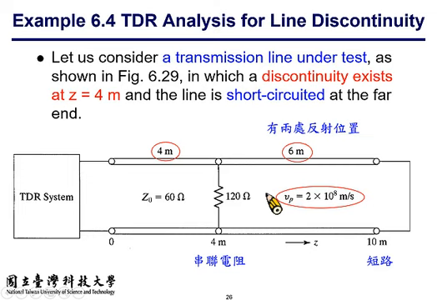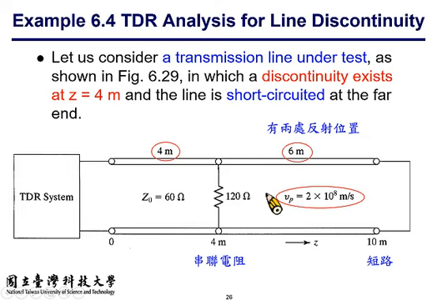However, at the interface, at the position with this shunt resistor, what is the impedance looking to the right? Well, it observes the 60 ohm characteristic impedance of the transmission line and the 120 ohm shunt resistor.